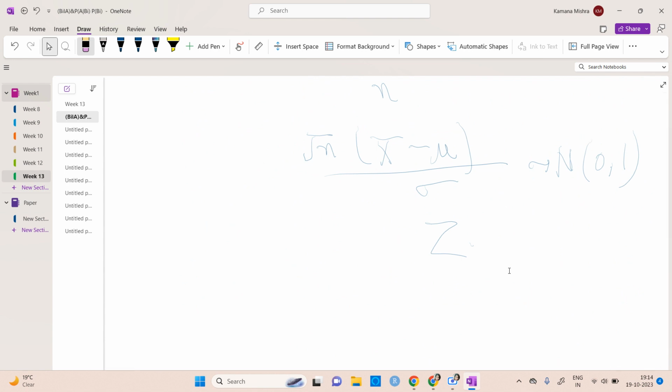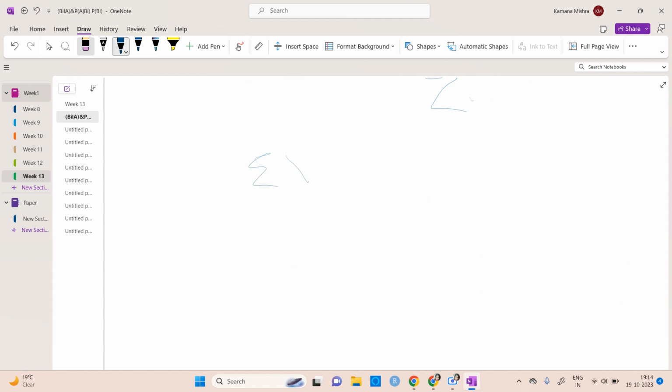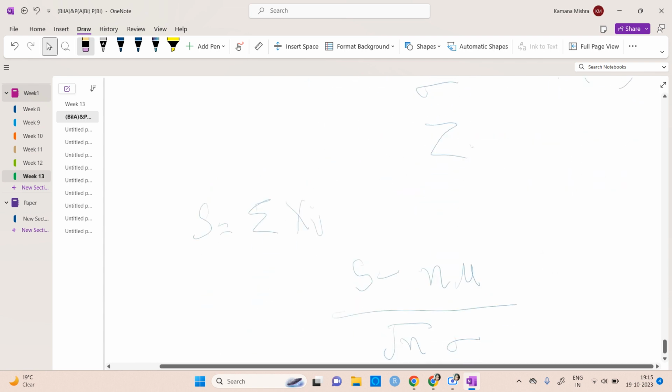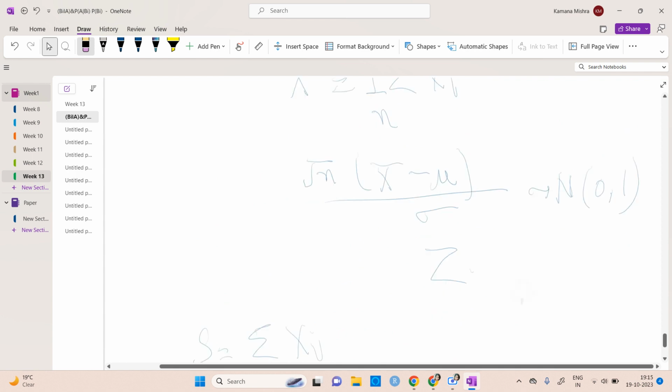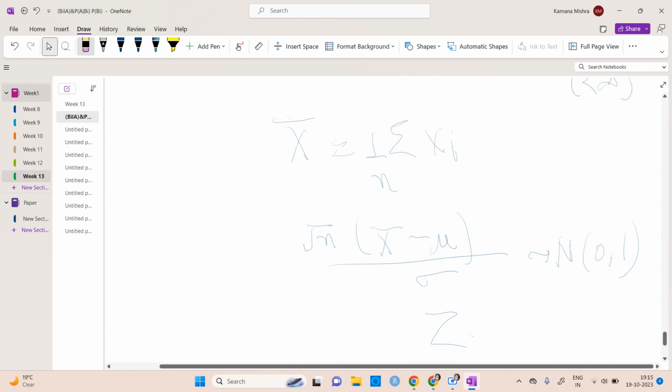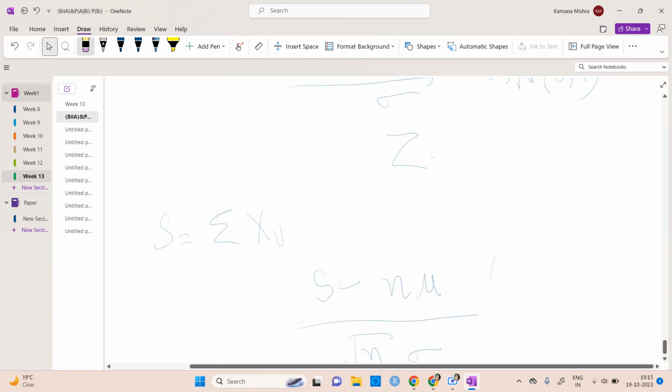This is for X bar. If you have the summation of Xi not divided by n, just the summation, and let's say you denote it by S, then it's (S minus n mu) over root n sigma. We are just multiplying everything by n. If you multiply by n, then sigma upon root n would be root n sigma, and mu would be n mu.